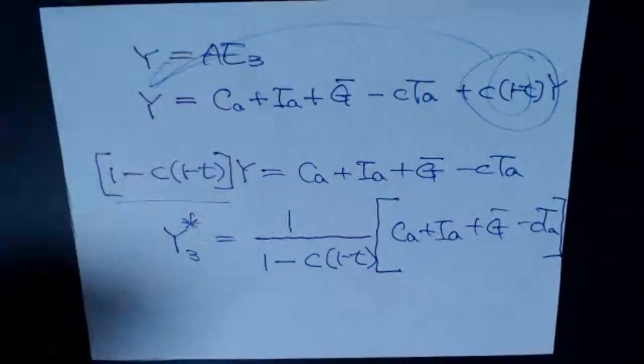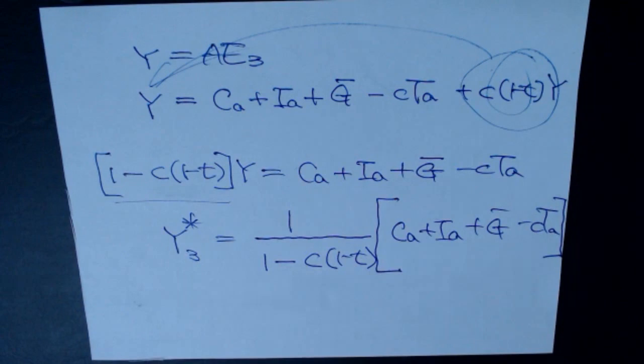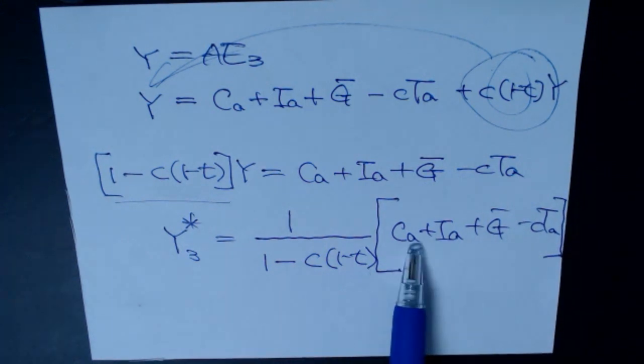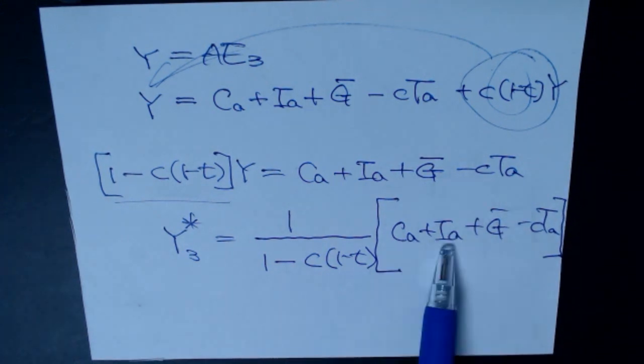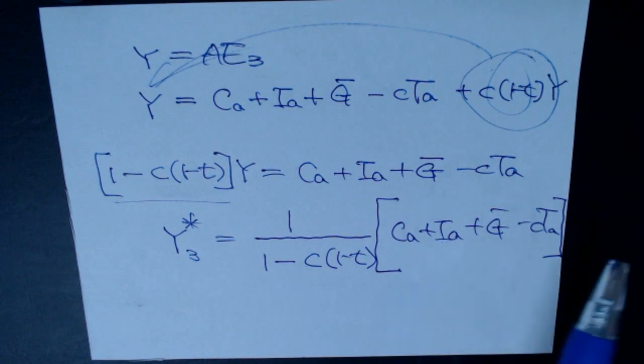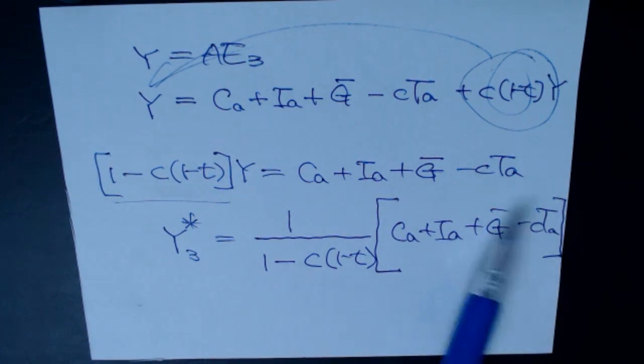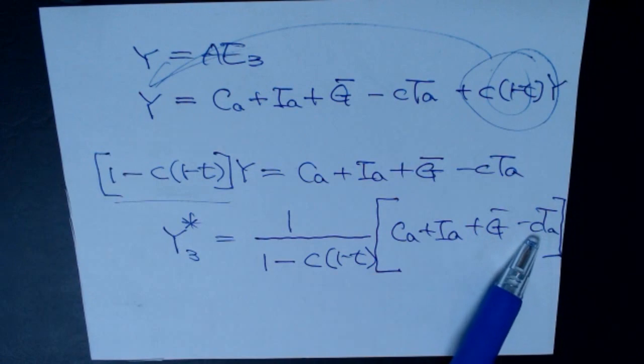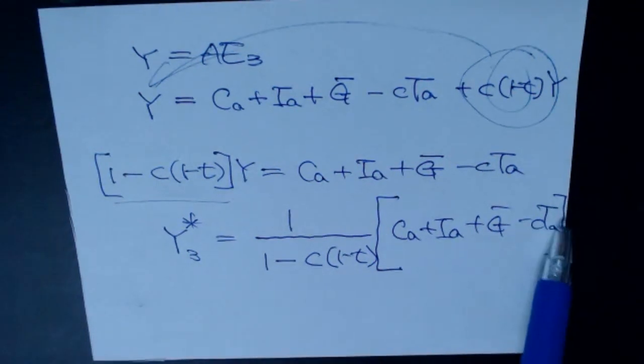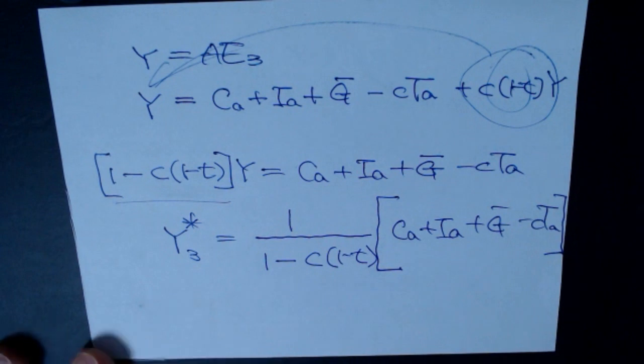So this is the equilibrium condition in the 3-sector model. Small c is the marginal propensity to consume. Small t is the tax rate, the proportional tax rate. CA is autonomous consumption. IA is autonomous investment. G is government expenditure. Small c is MPC. TA is the fixed amount of tax, right?